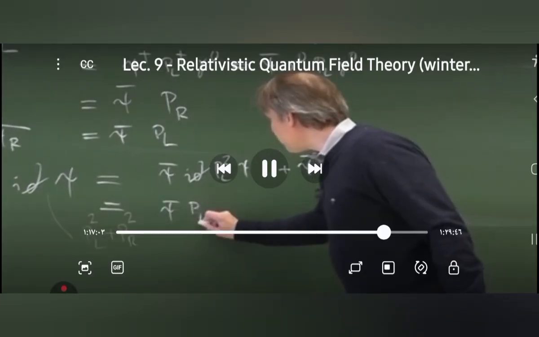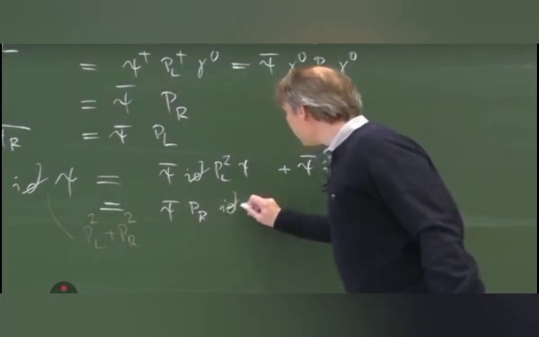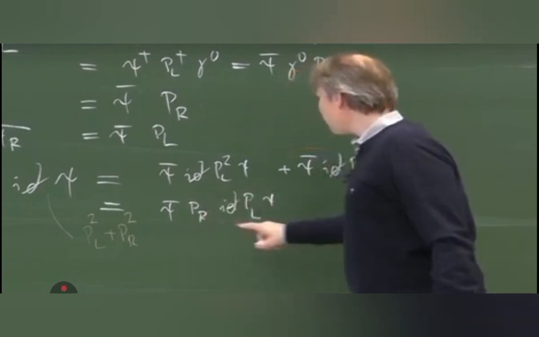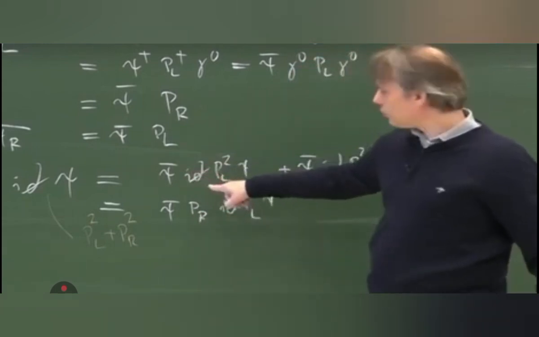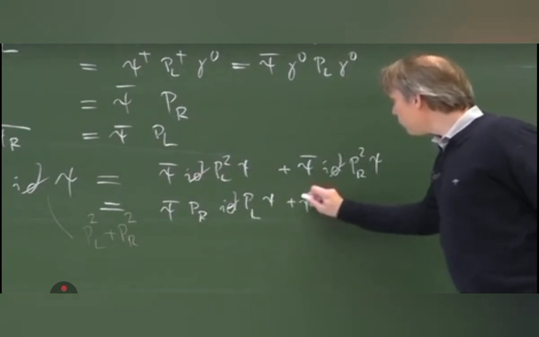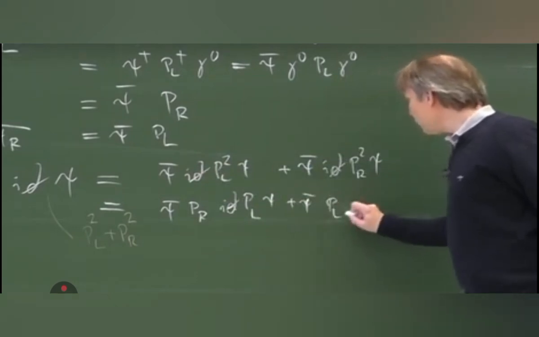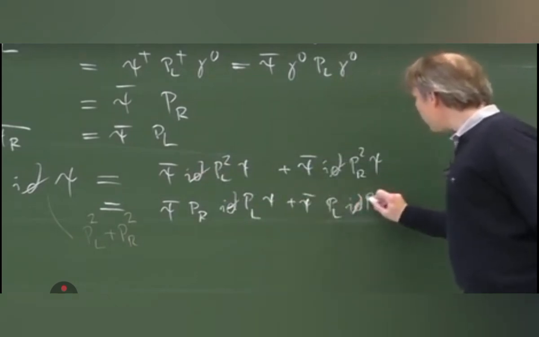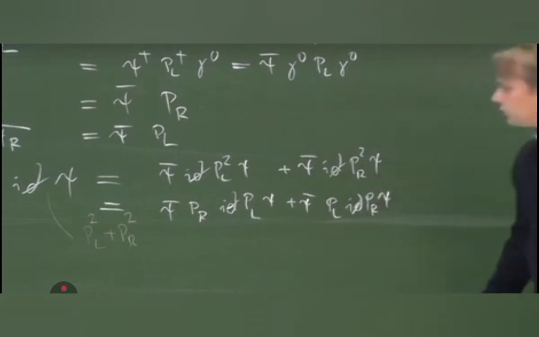Then we get psi bar P right i d slash P left times psi. So one of the P lefts has gone to the left and has become P right. And here psi bar P left i d slash P right times psi.